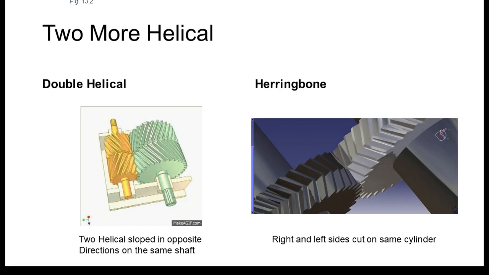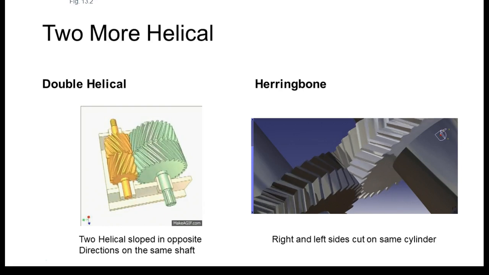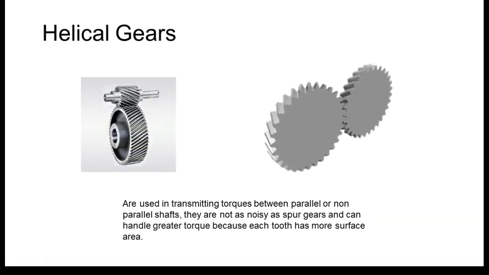Well, not necessarily speed. That's a good point. But why did we just say one of the biggest problems with a helical gear is? What? Well, yeah, they try to push each other.